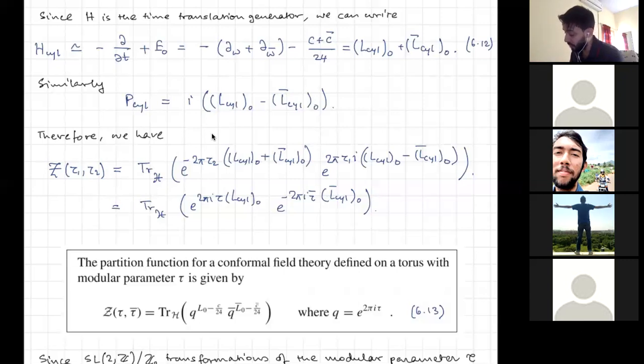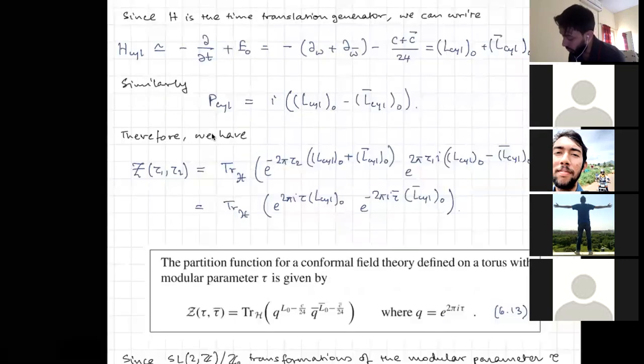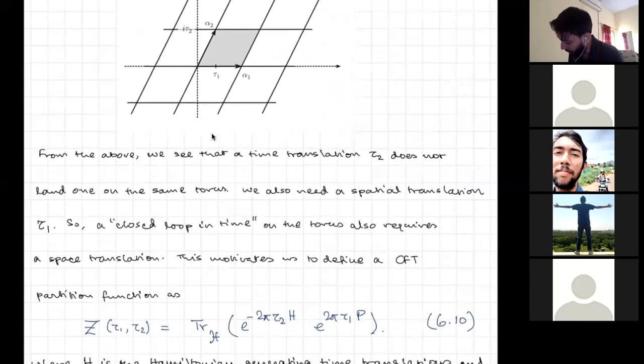So if you just wrote it in terms of tau and tau bar, this is 2 pi i tau into L naught cylinder and 2 pi i tau bar into L naught bar cylinder.